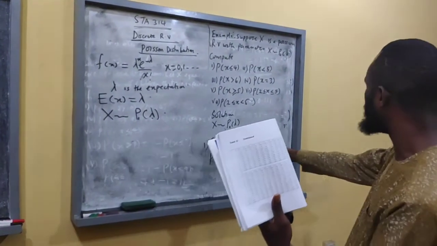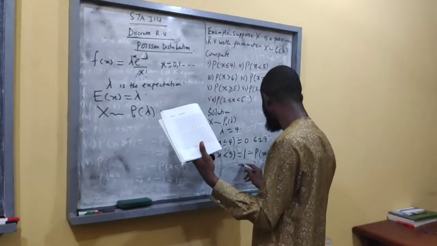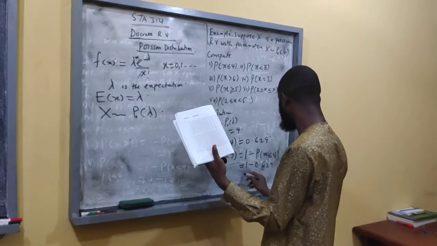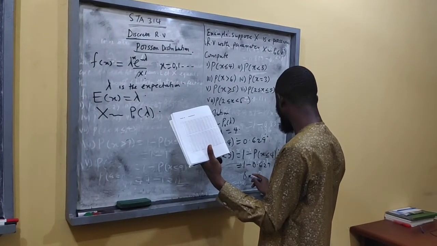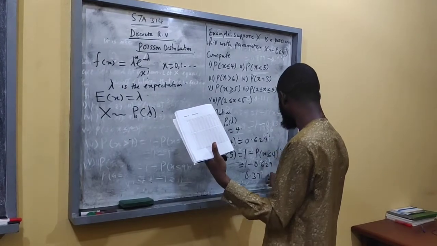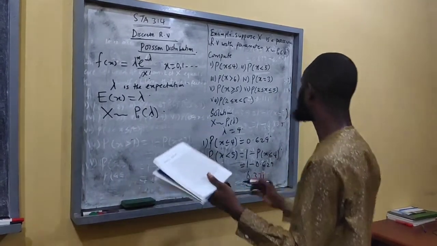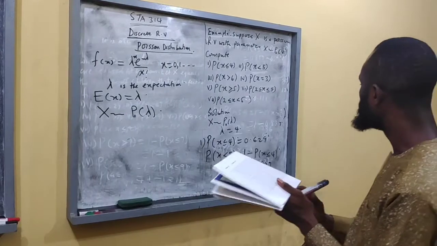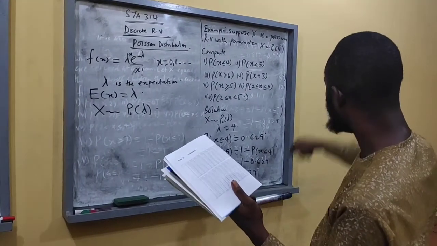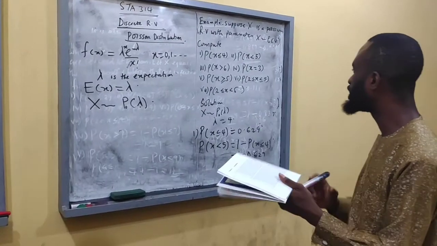I've checked x less than or equal to 4, then this will just give you 1 minus 0.629, which is 0.371. That is the second question. You see that it's very simple, because when you have x less than 5, you are going to subtract from 1, and that is how to get this.